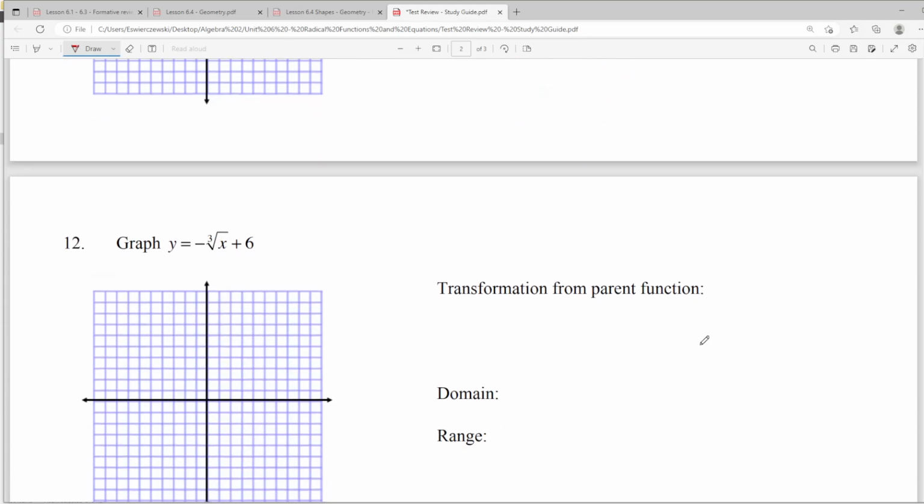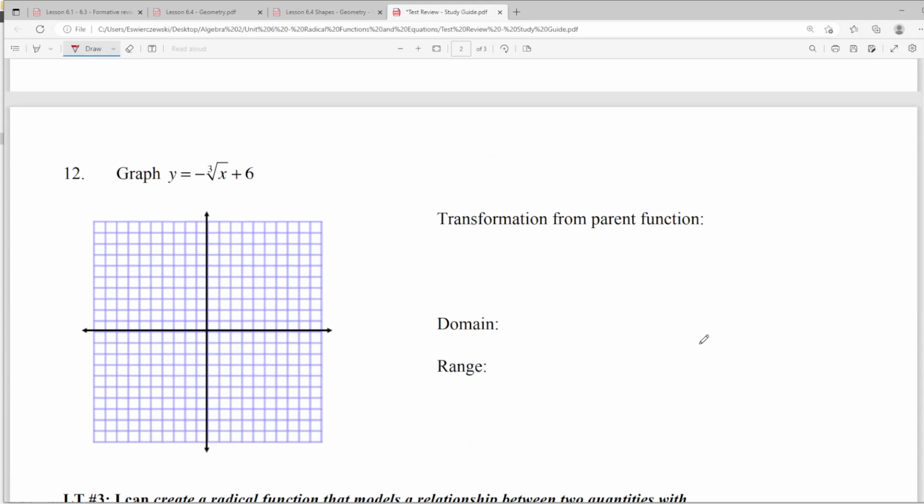All right, let's do another one. Same parent function I'm using. A is -1, so it's going to have a reflection. N is 3. H is 0 and K is 6. So 0, 6. And instead of it looking like this, it gets reflected.